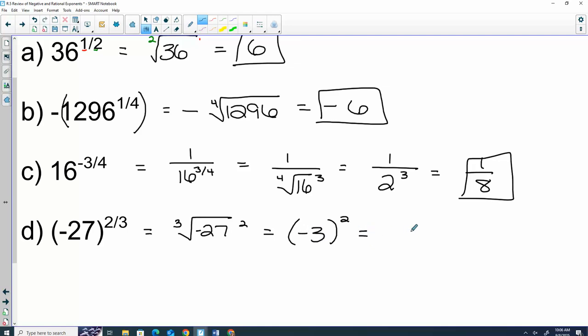And then negative 3 squared, it's positive 9. Any questions on taking those exponents and rewriting it as radicals to simplify?